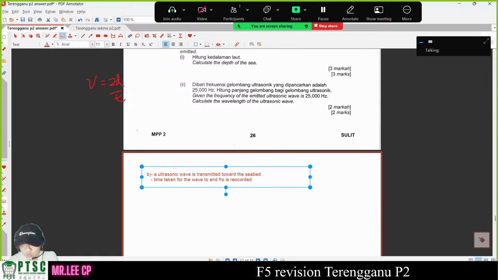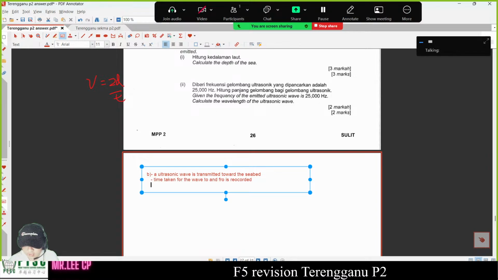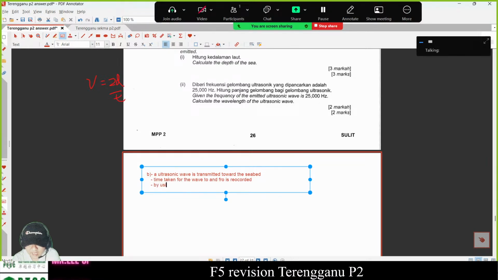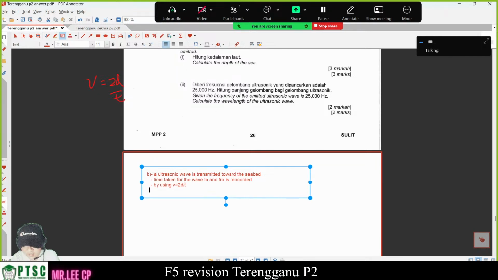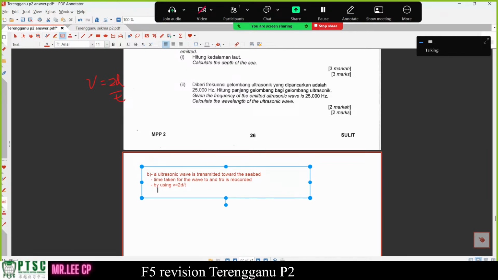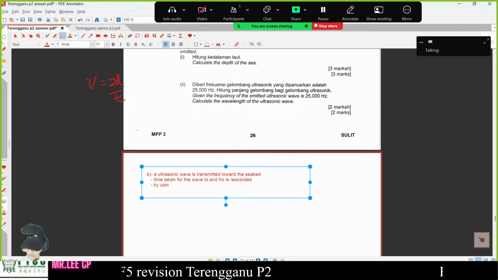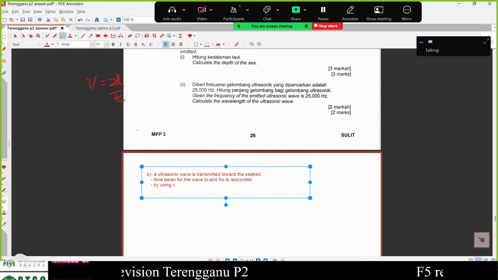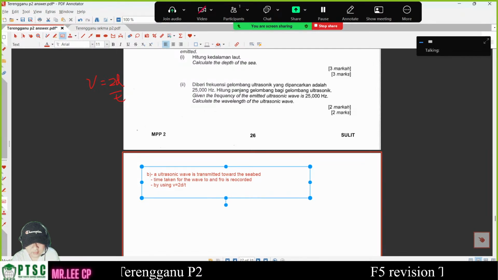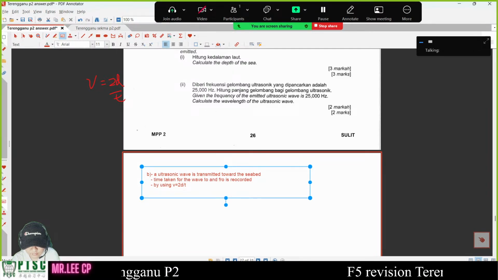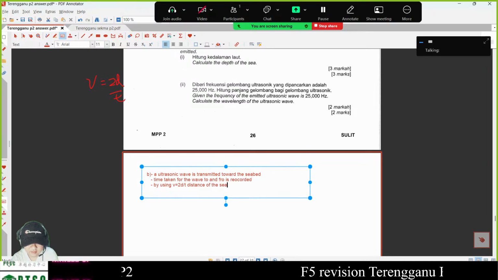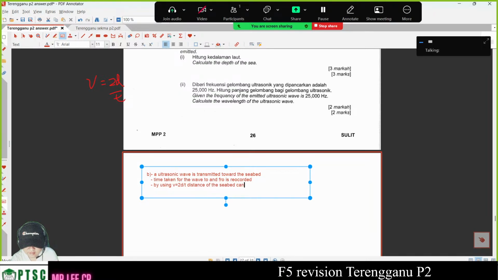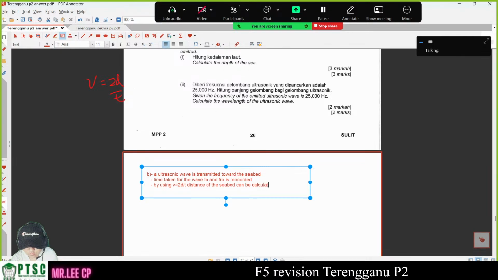Time to go down and go up is recorded, right? By using V is equal to 2D over T, distance of the seabed can be calculated.